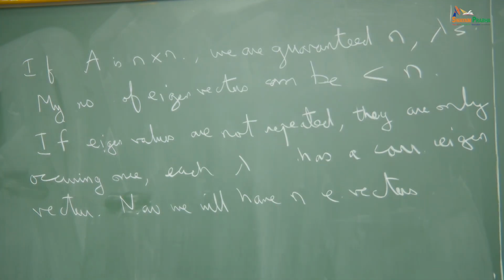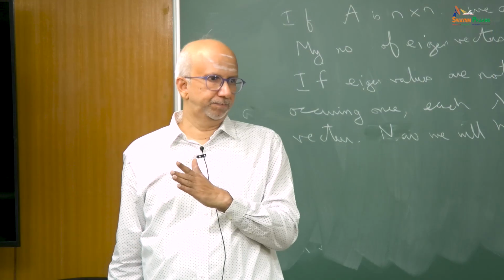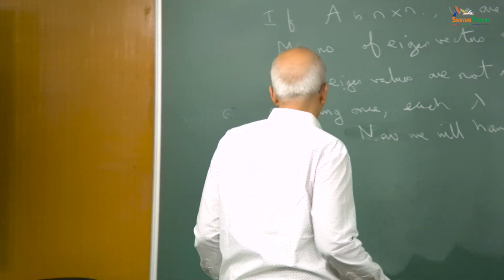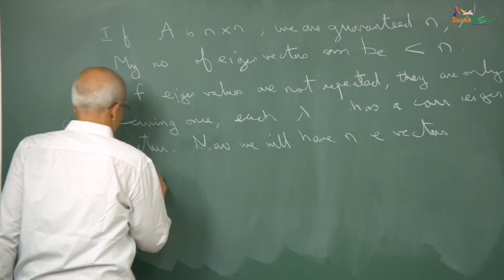Well, the eigenvalues can be repeated. What do I mean by that? If I have a 3 by 3 matrix, lambda equal to 2 may occur 2 times, so you have 2 eigenvalues lambda equal to 2, and 1 maybe lambda equal to 5. So the eigenvalues are getting repeated.